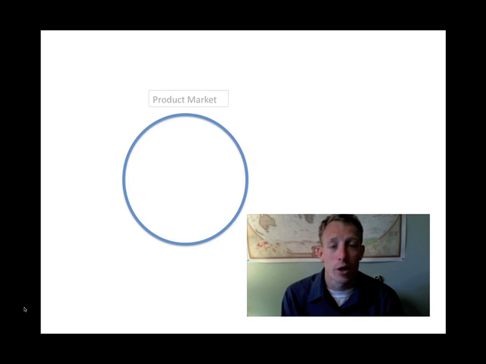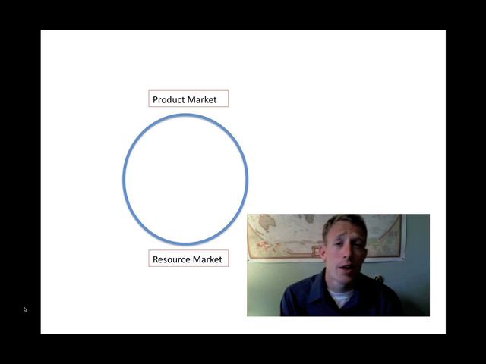We have two markets, one called the product market and the other called the resource market. And in these two markets are players who interact with each other. And depending on which market we're in, the actors will assume different roles. So whenever we deal with a market, we have actors.